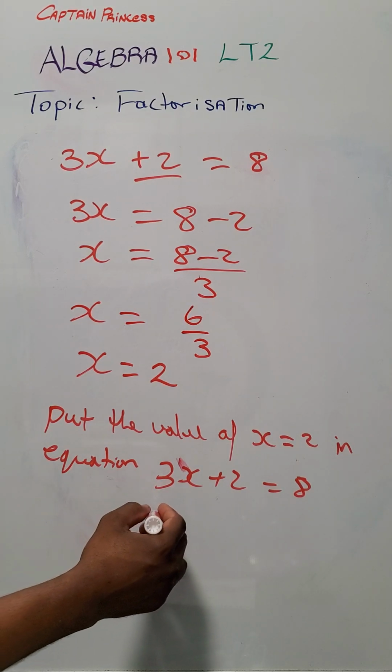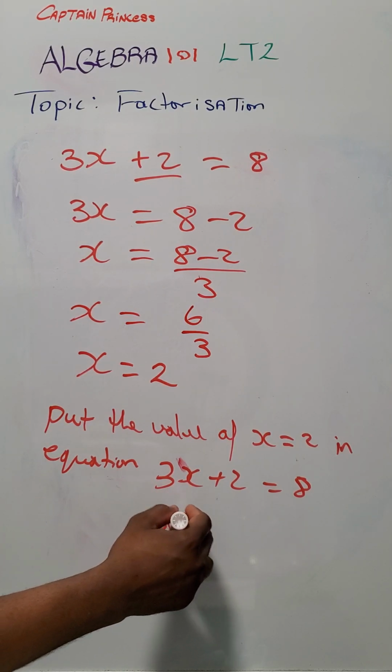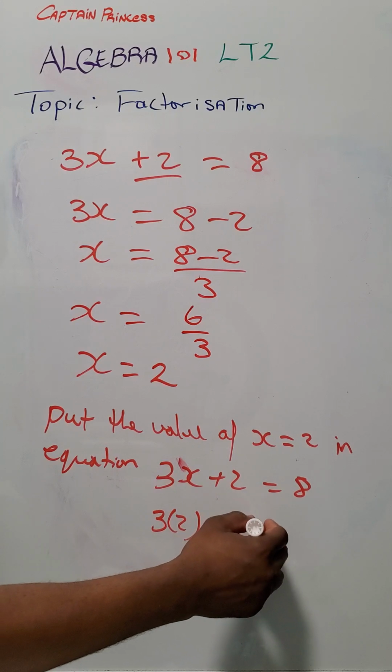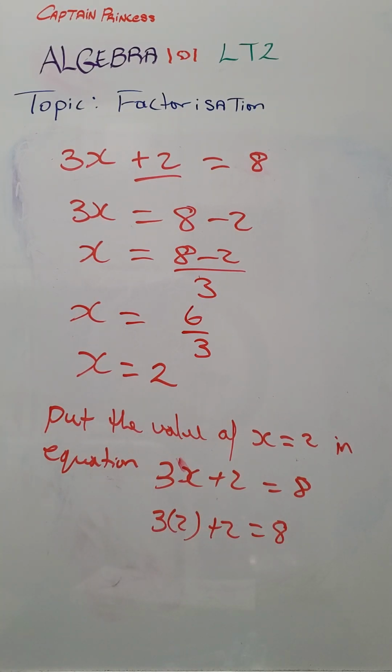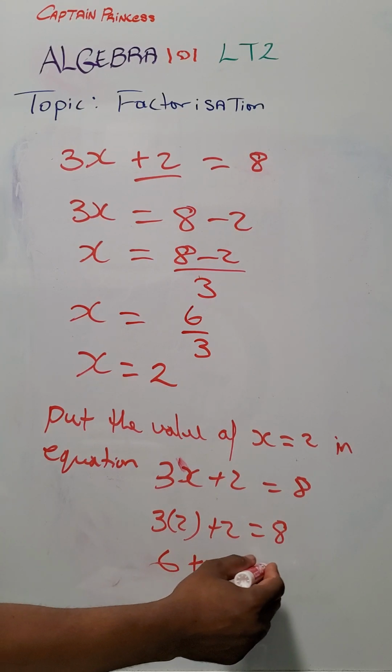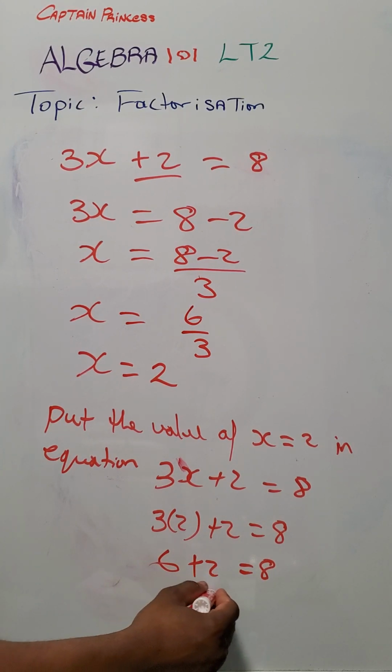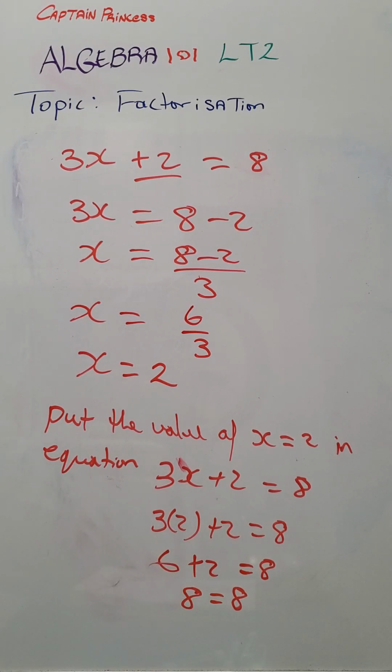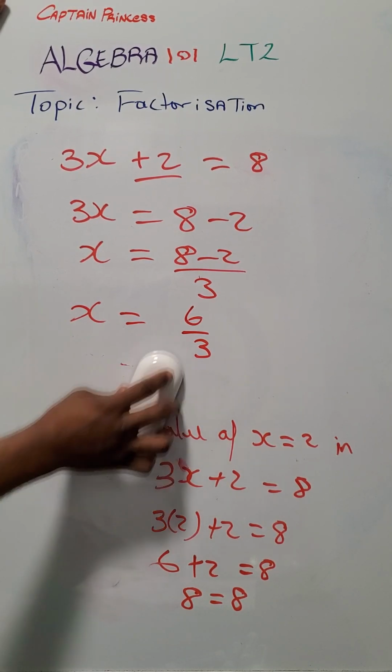Look, 3 times 2 plus 2 equal 8. You see that? The 3 times 2 is 6, plus 2 equal 8, and 8 is equal to 8. Now, this is not long, it's just that I am showing you that when you get the solution, you can put it in the original equation and you will prove your answer for the variable is correct.